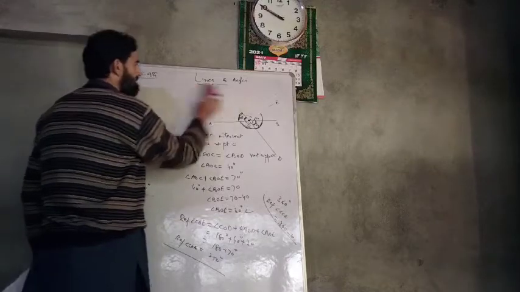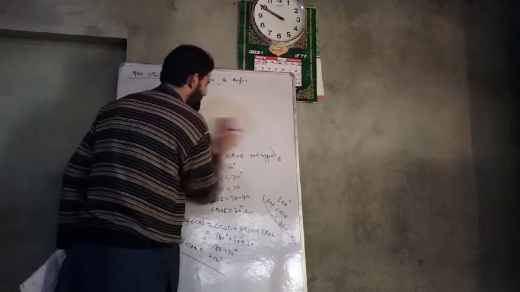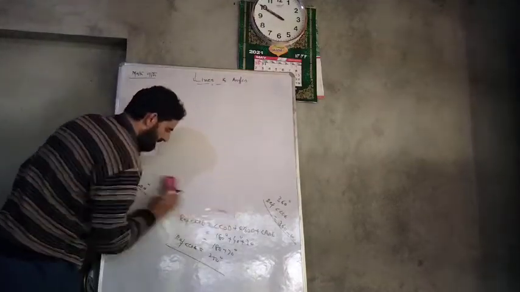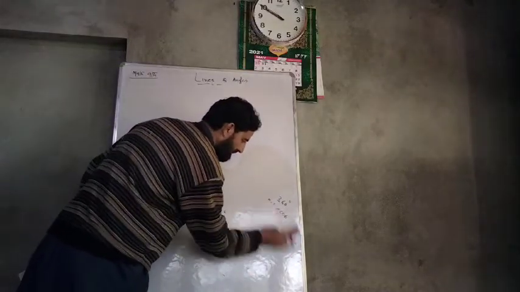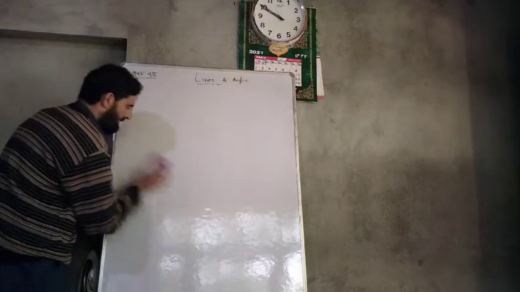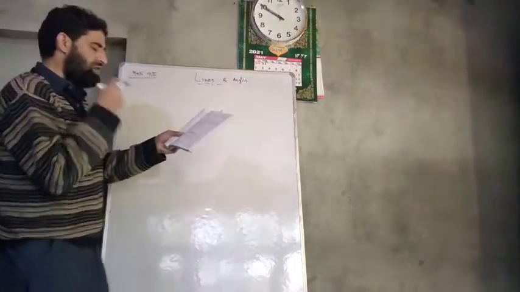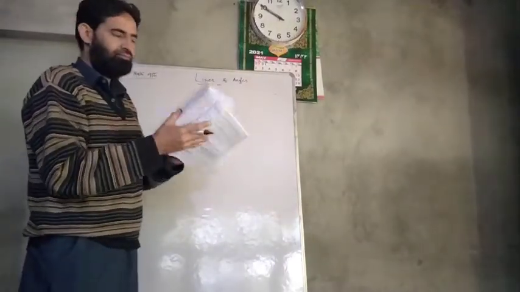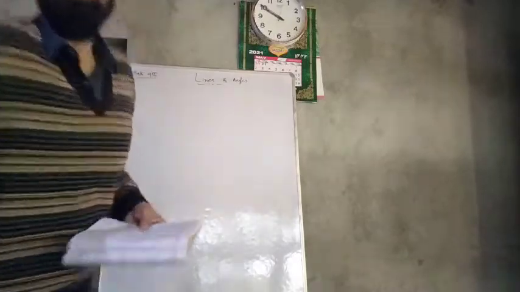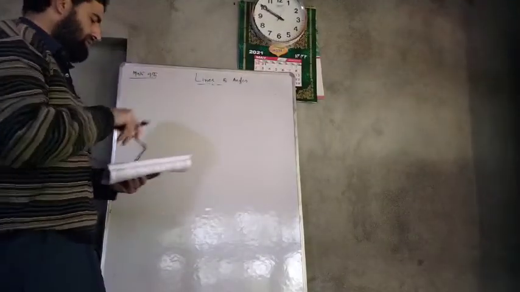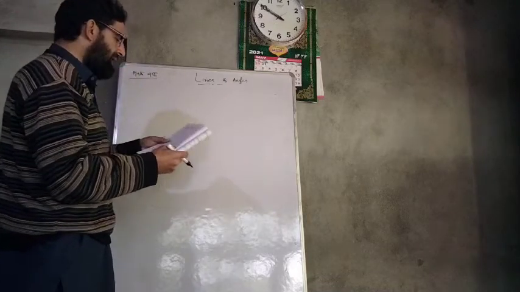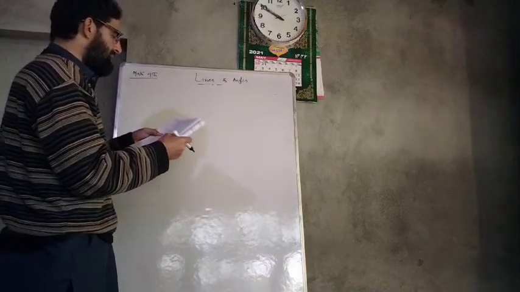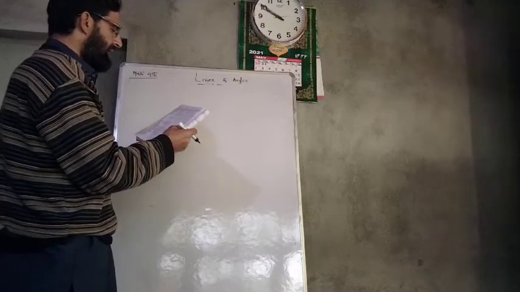So proceeding further, question number 2 reads, in the figure XY and MN intersect each other.